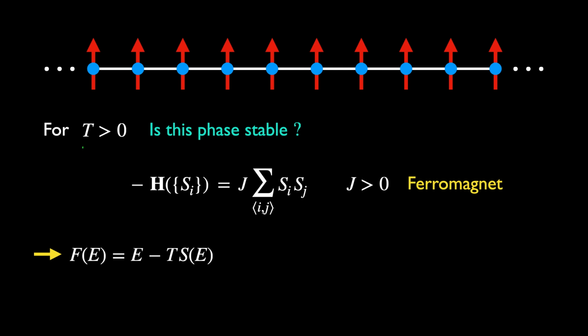For the case of non-zero temperature, the minimization of the free energy is now a competition between the energy of a macrostate and its entropy. If this configuration really has the minimum free energy, then any perturbation from it will increase its value. Let's consider the smallest perturbation. What about this?